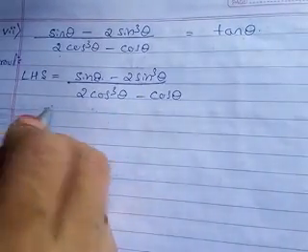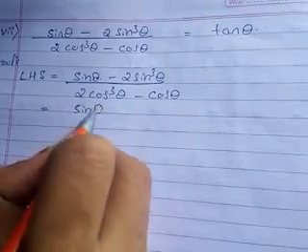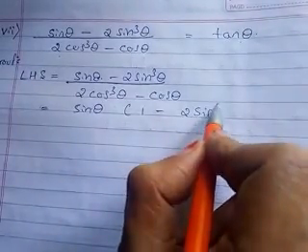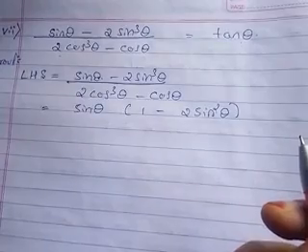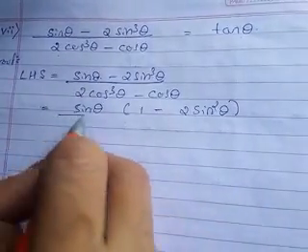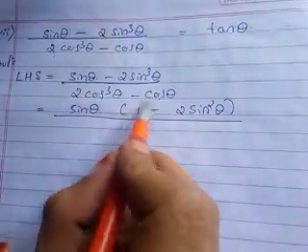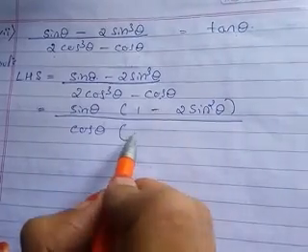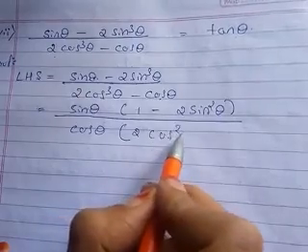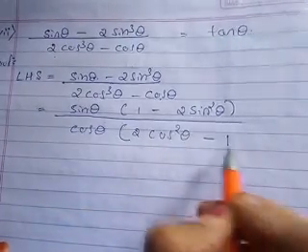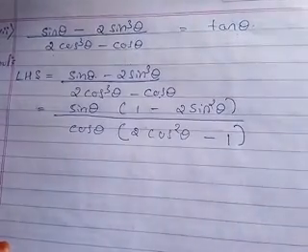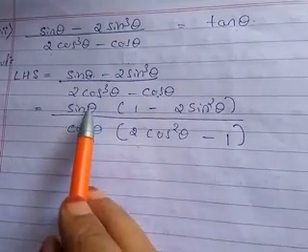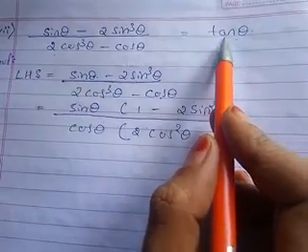In the numerator, sin theta is common: sin theta (1 minus 2 sin square theta), divided by cos theta common, cos theta (2 cos square theta minus 1). Half of the answer we already get. Here sin theta by cos theta is tan theta.